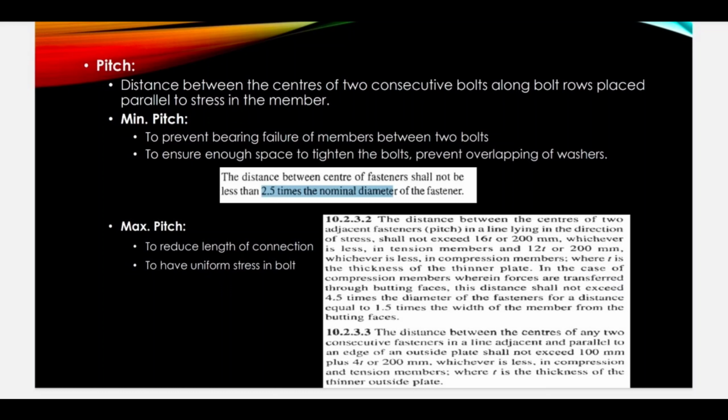The minimum pitch is to prevent bearing failure of the member between two bolts, to ensure enough space to tighten the bolt, and to prevent overlapping of washers. The maximum pitch is the distance between the centers of fasteners, for example 2.5 times the nominal diameter of the fastener. The maximum pitch also reduces the length of the connection and gives uniform stress in the bolts.